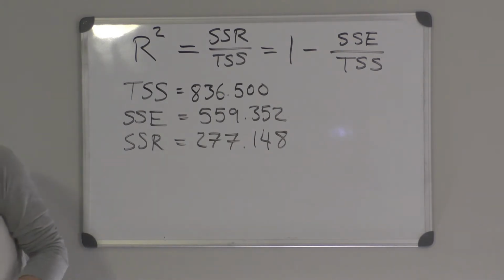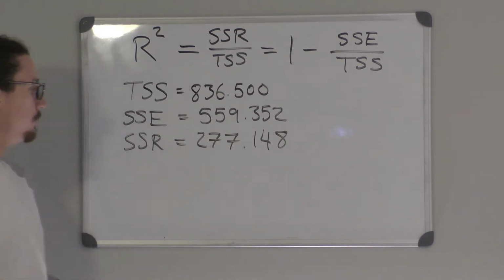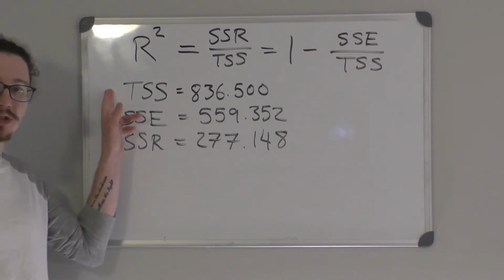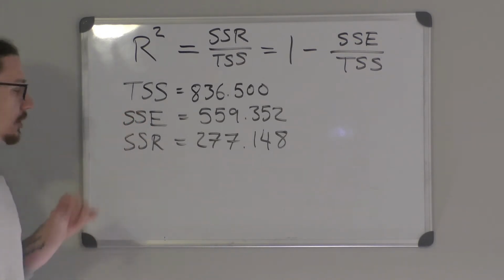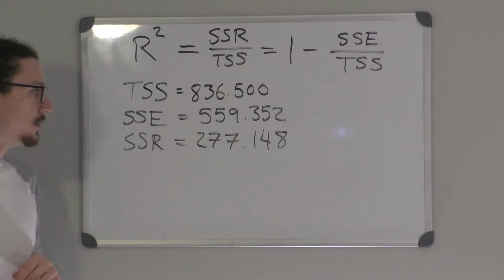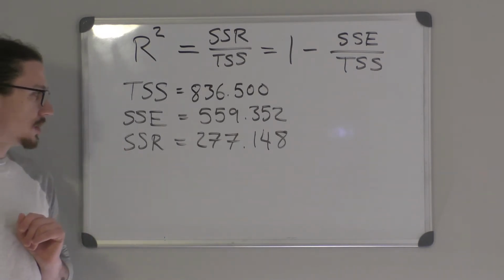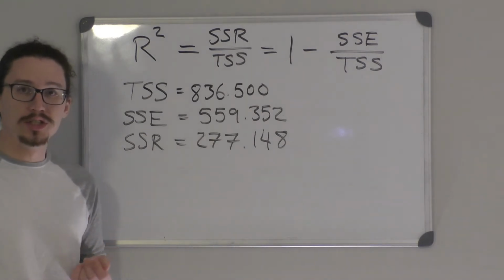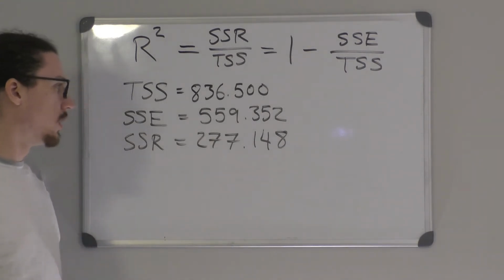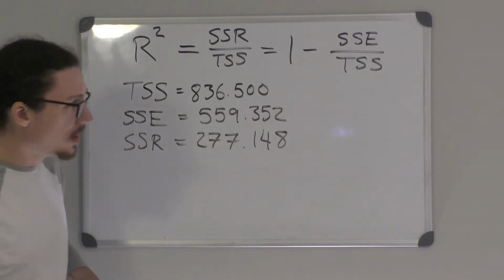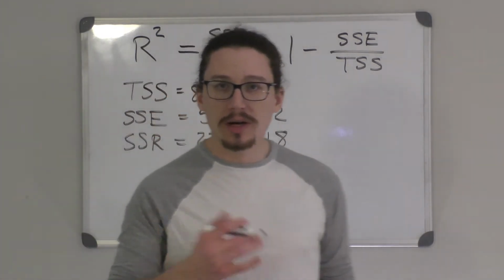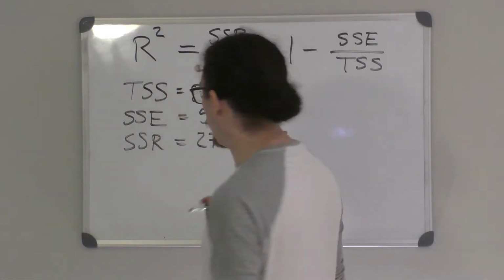So these are our sum of squares. Our total sum of squares is 836.5. Our sum of squares error is 559.352. And our sum of squares regression is equal to 277.148. Now that we have these, we can go ahead and calculate R squared. It's a pretty simple calculation.